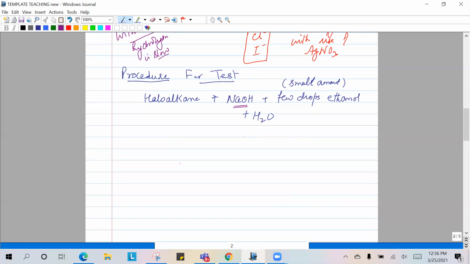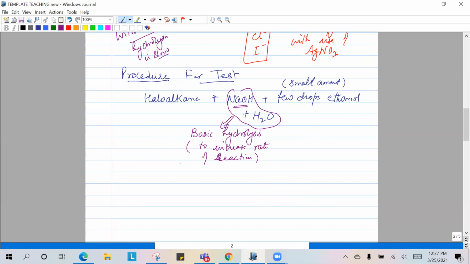Now there are questions. So this combination provides a basic hydrolysis. And why are you doing this? To increase the rate of reaction, to increase the speed of the reaction. Otherwise it will take longer time.